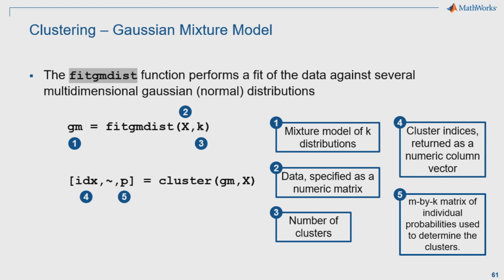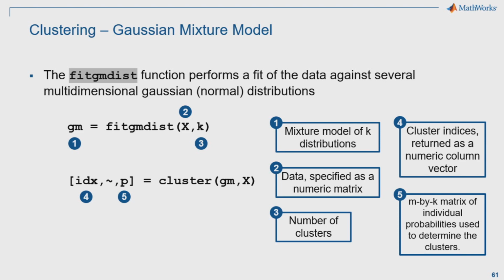organized in the same way we discussed before. And cluster is a further function that you need to use to call the GM model, the mixture model that you build, together with your data. And this assigns each data point to the corresponding clusters that you built according to the GM distribution that you found.